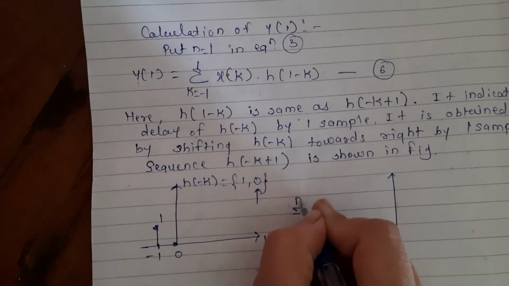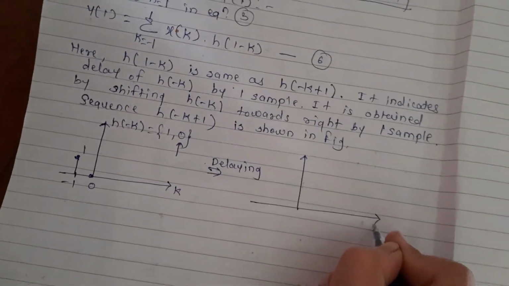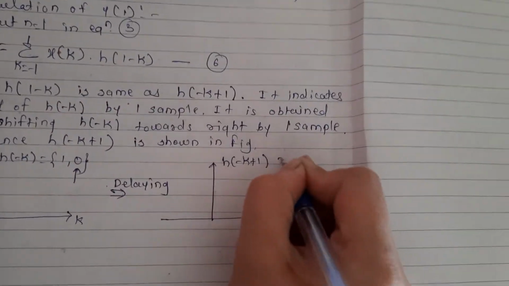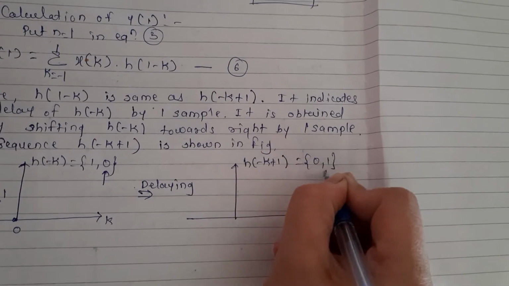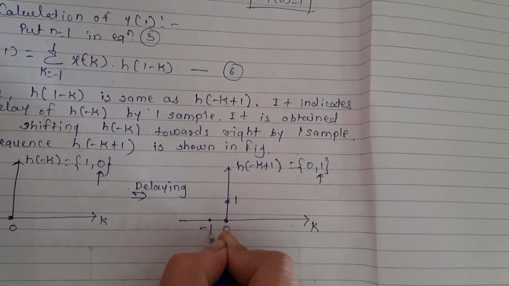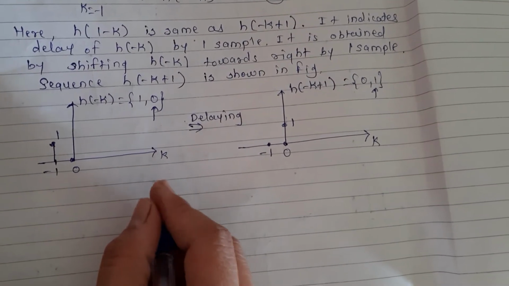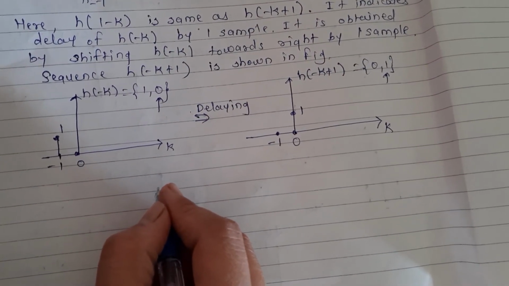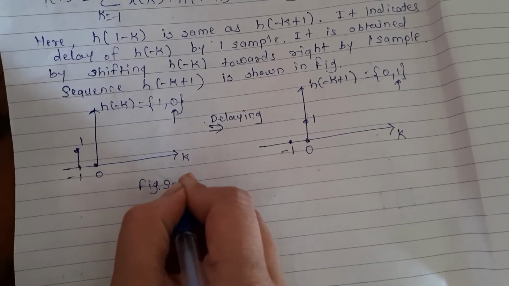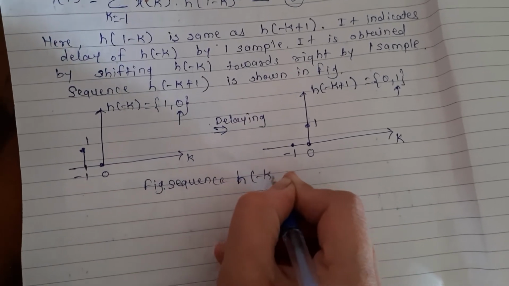Next is delaying of this signal. This figure shows sequence h of minus k plus 1.